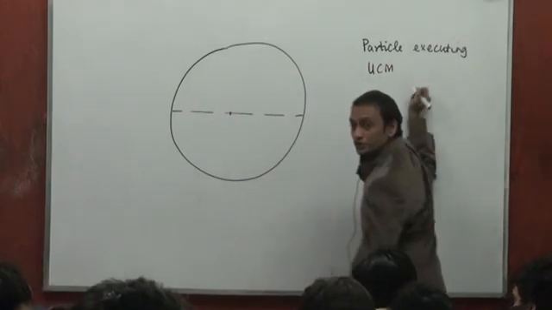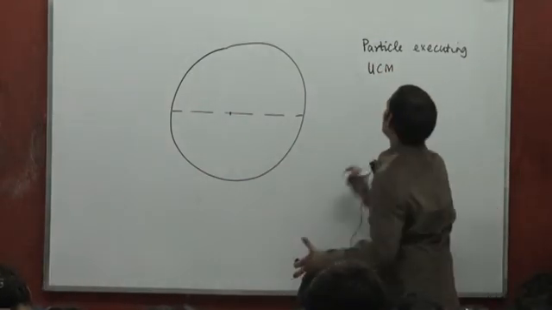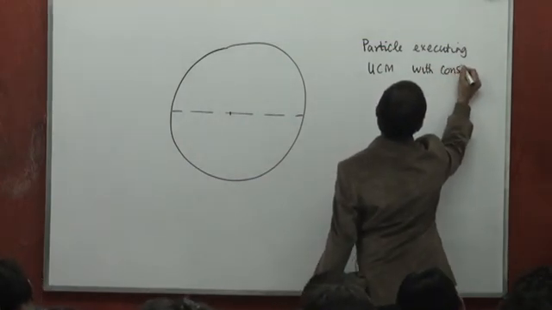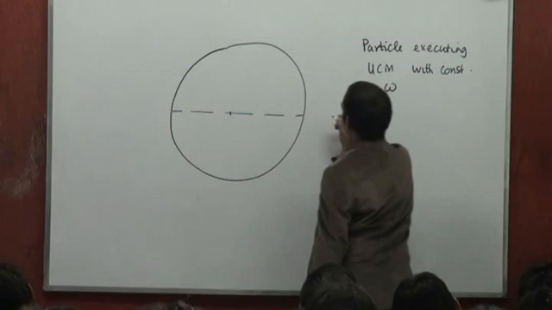Uniform circular motion with angular velocity omega. Obviously, with constant angular velocity omega.